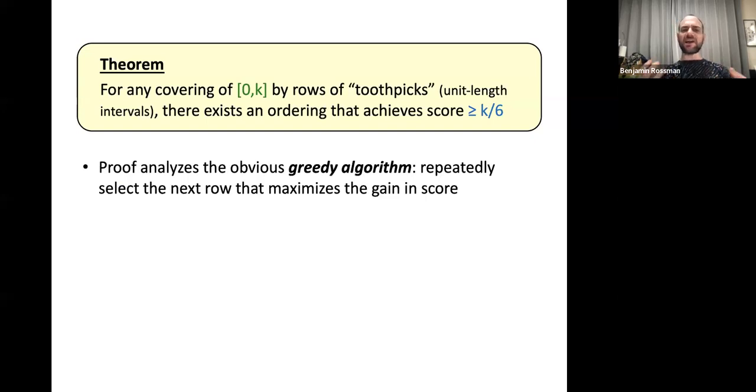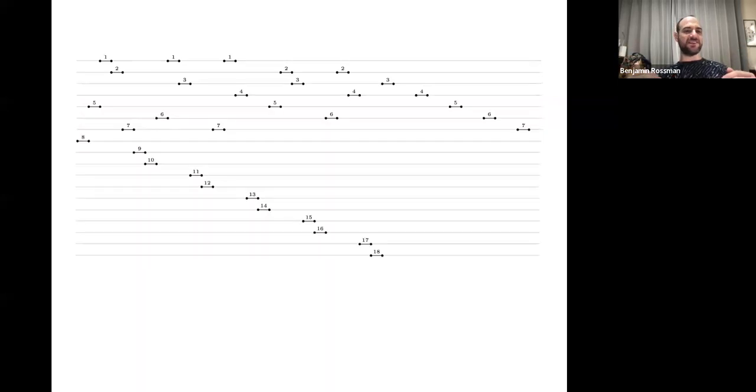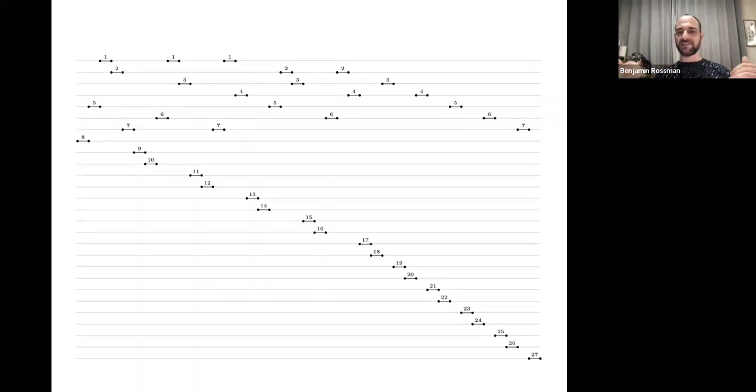And the proof analyzes a sort of greedy algorithm where you repeatedly pick the next row that maximizes the gain in score, essentially. Here's an example of a sequence of rows which is in greedy order. Okay, it satisfies this greedy criterion. And this turns out to be an extremal example, as I'll explain. All right.